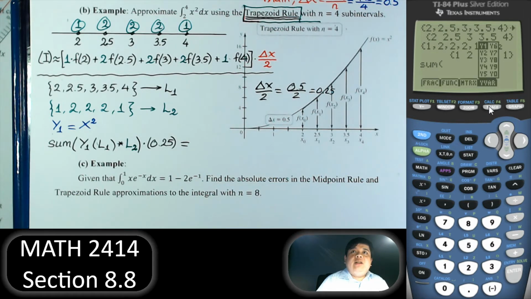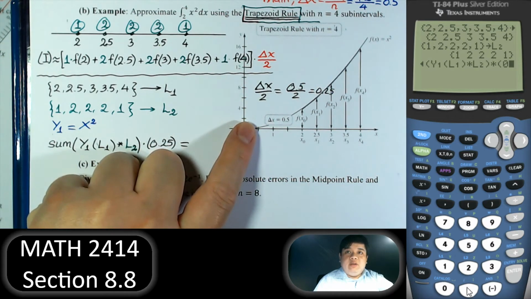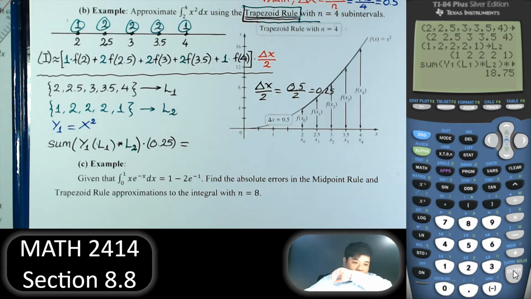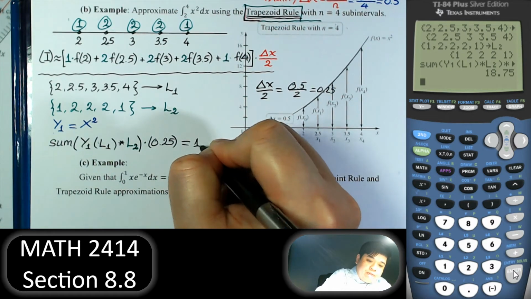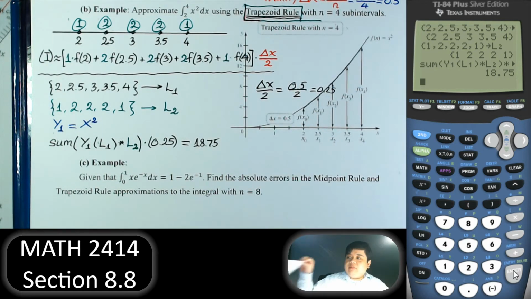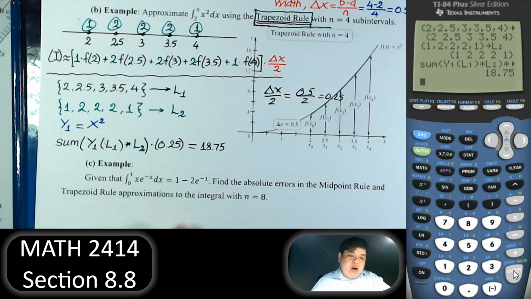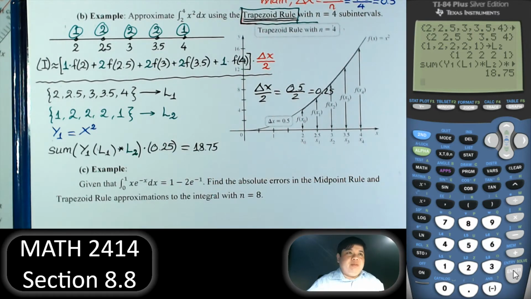Alpha trace y1, evaluate at list 1 times list 2, and all of that multiplied by delta x divided by 2, which is 0.25. And we have 18.75. Earlier we used the midpoint rule and got a value, and this one is kind of close to it, so that looks fine.